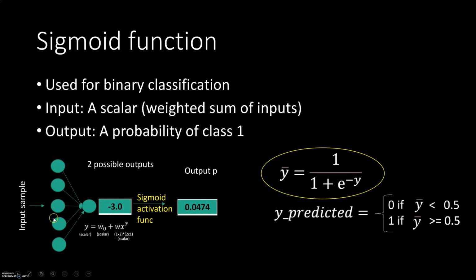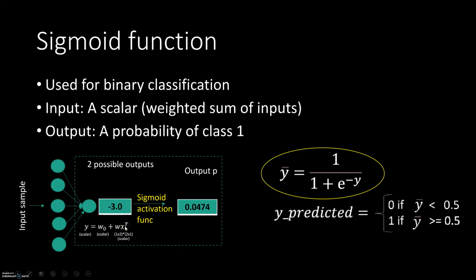Here I am only showing two layers, but you could have many hidden layers. In the final layer we will have just one neuron which takes the input from the other neurons, and for fully connected neural networks, this is the basic equation. The output of this neuron is the weighted sum of inputs from the previous neurons. Let's say the output is negative 3.0 in this case.